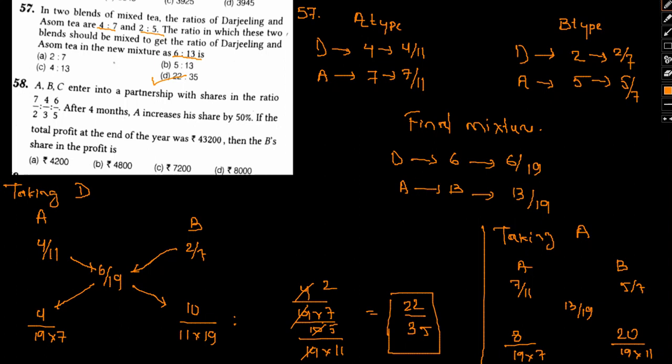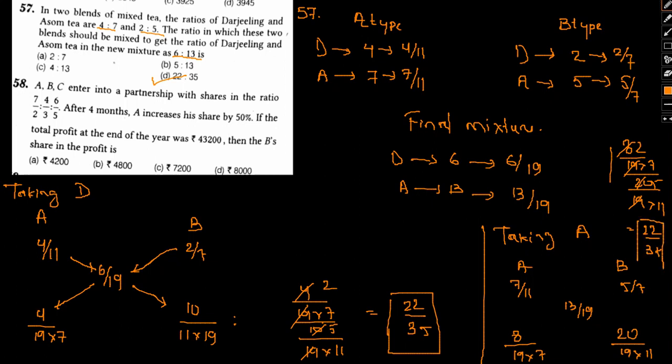Now if we cancel these out, we have 8 by 19 into 7 over 20 by 19 into 11. So 19 gets cancelled, and with 2 and 5 it is again 22 by 35.